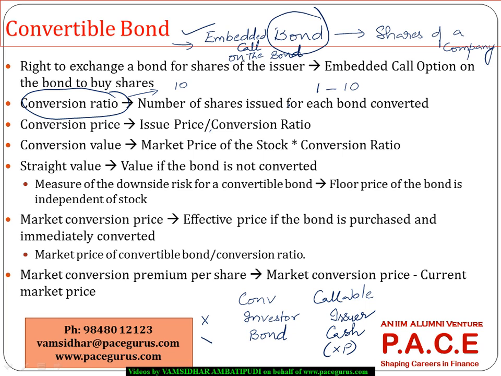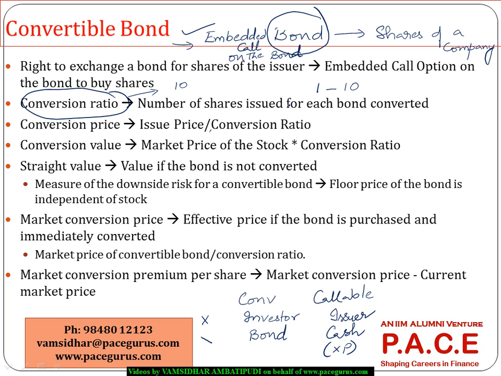Because one bond is converted into 10 shares, when I want to know the conversion value as of today, I take the market price at which I'm going to convert the bond into a share, multiplied by the conversion ratio. That will give the conversion value of the particular bond.